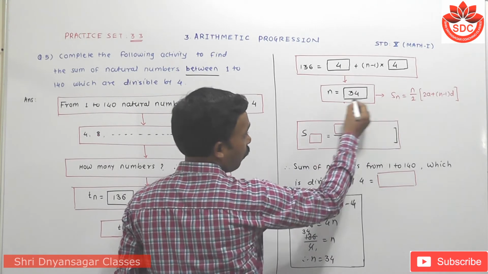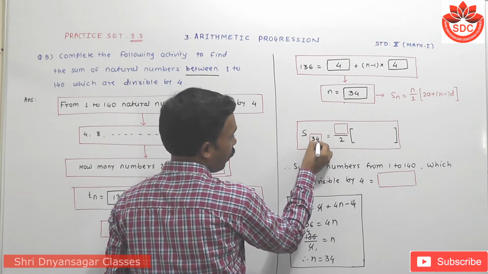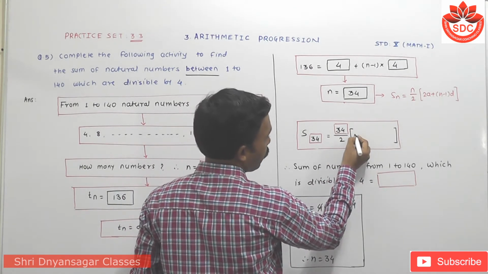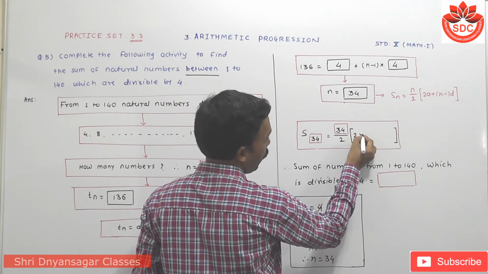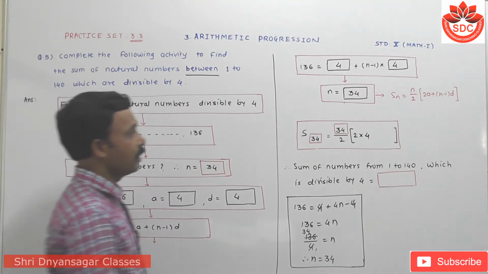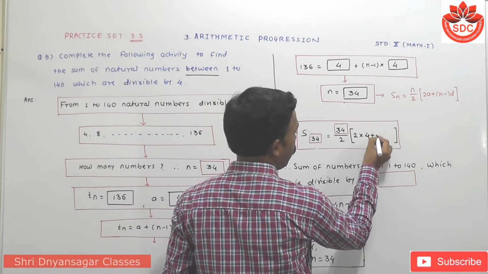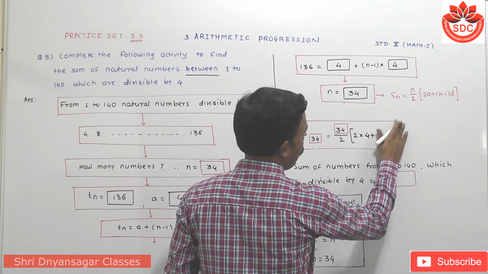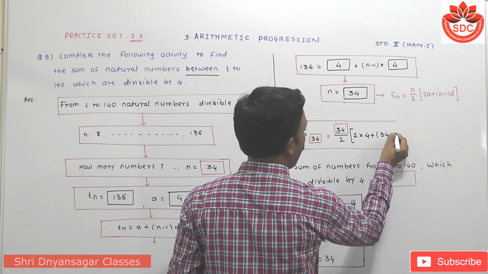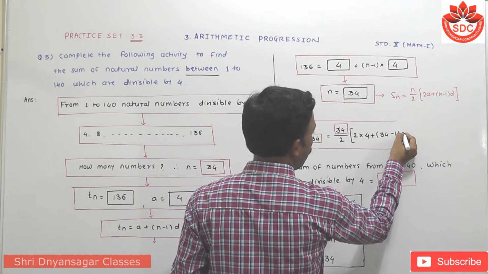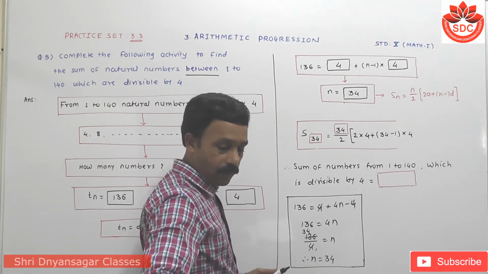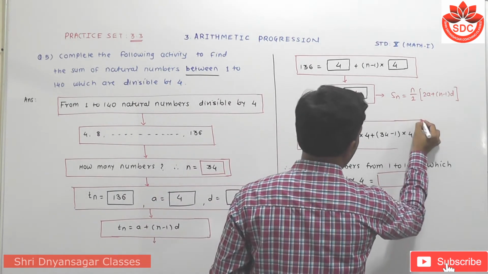So substitute the value of n as 34 here, then this is 34, then plus twice into a, which is 4, plus n minus 1, taking n as 34, minus 1, into d, which is also 4. Now I have to complete this box.